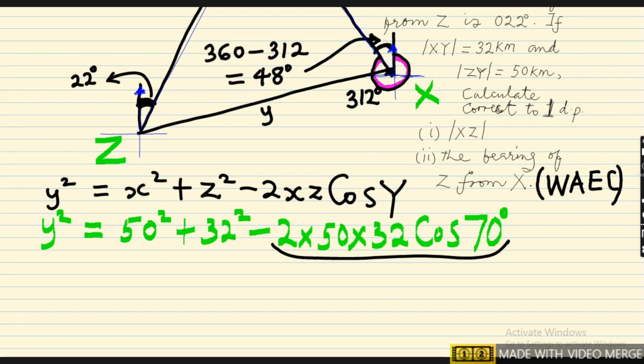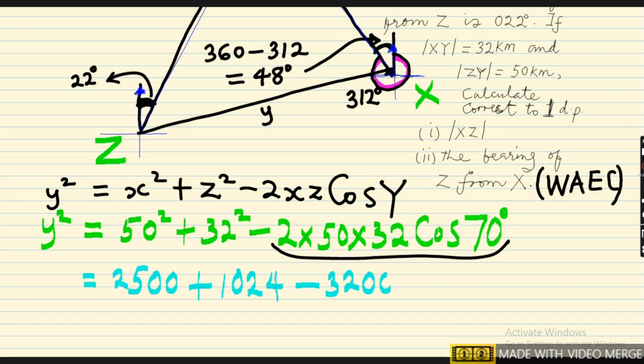So now, having done that, let's do this. 50 squared, that is 2500, plus 32 squared, that's 1024, minus all this together, that's 3200.